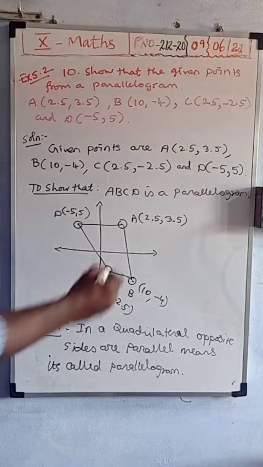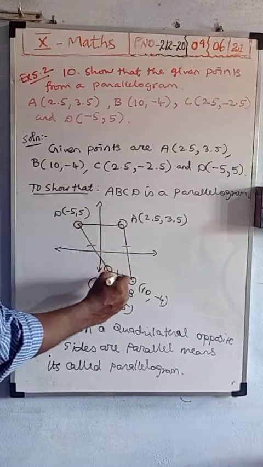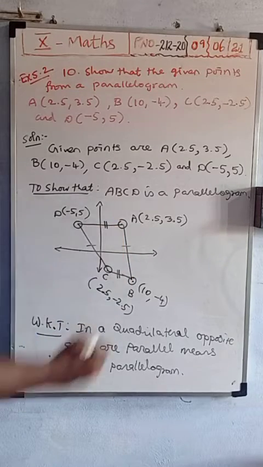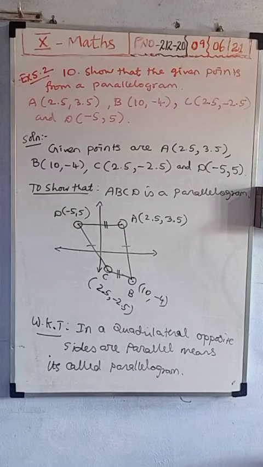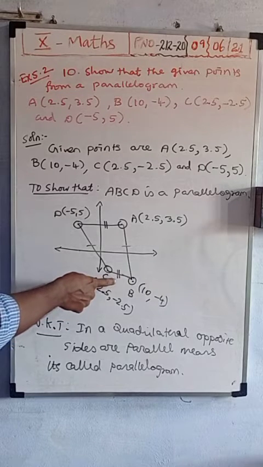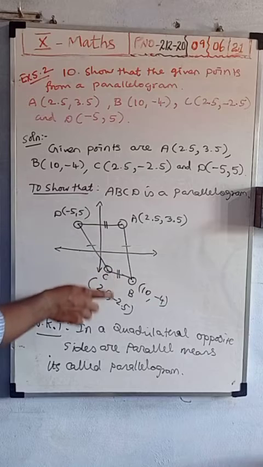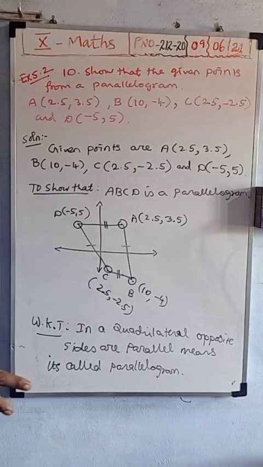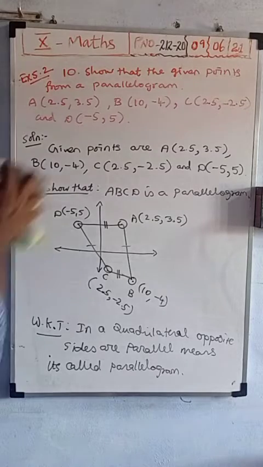So these two sides, then these two sides, we want to prove are parallel. We know the condition: if two slopes are equal, the lines are parallel. Use that condition.